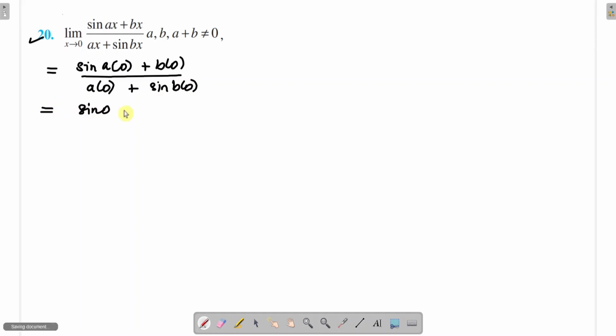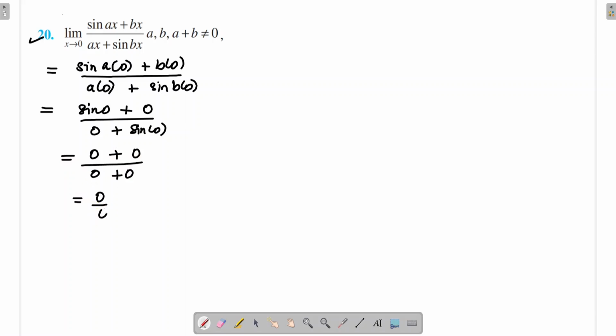Sin of 0 plus 0 divided by 0 plus sin of 0, and then you will get 0 plus 0 divided by 0 plus 0, that is nothing but 0 by 0. What do you do? Start again with the function and try to simplify, rearrange or manipulate the function.